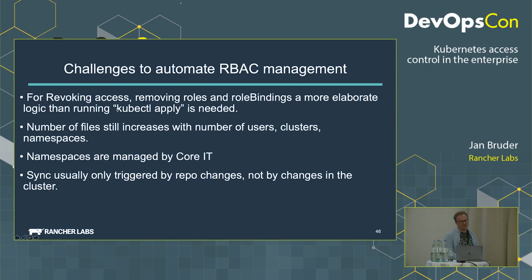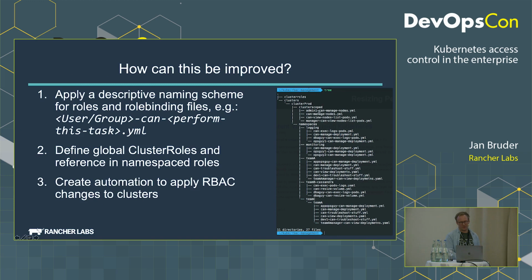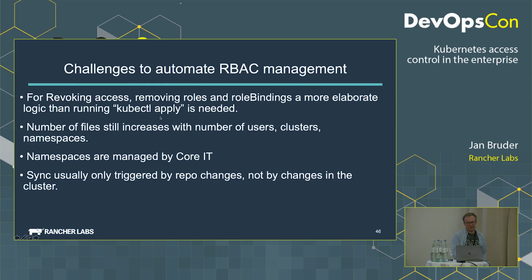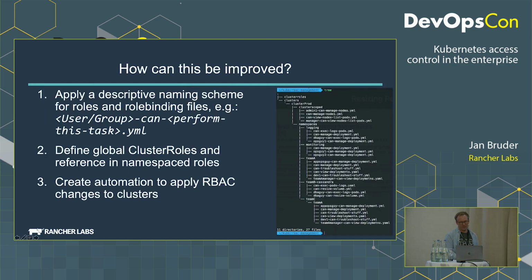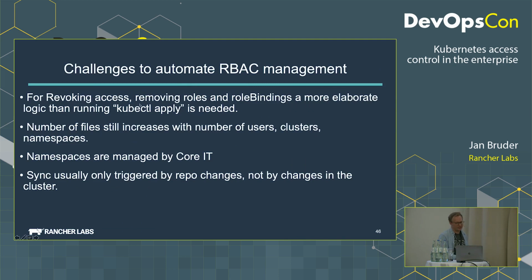You could think of just doing something like kubectl apply, which is an update or create kind of command. You could just do kubectl apply for the whole directory every time something changes. But the problem is, this works great for any roles that changed or are new, but it doesn't work if you delete a role. So it doesn't work for revoking access or removing roles. For that, you need a more advanced algorithm, like an actual diff between the cluster state and the Git repository.